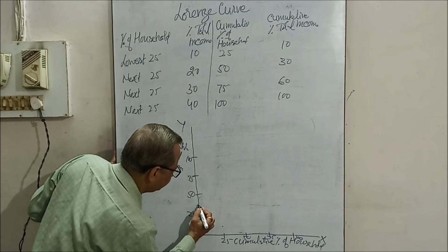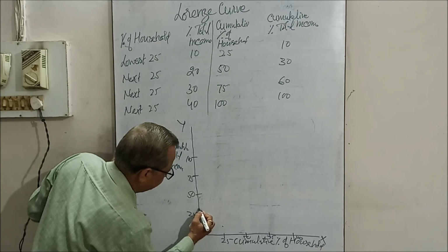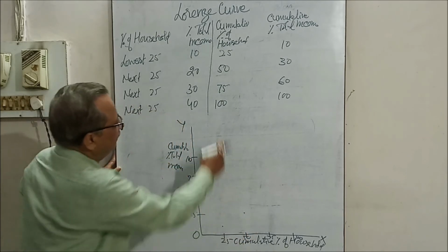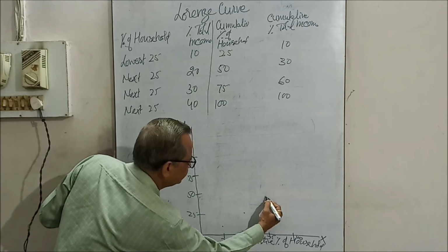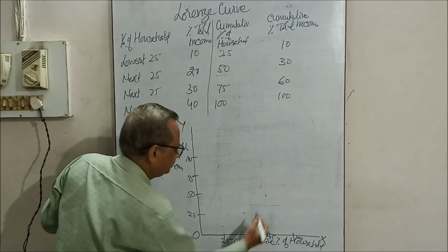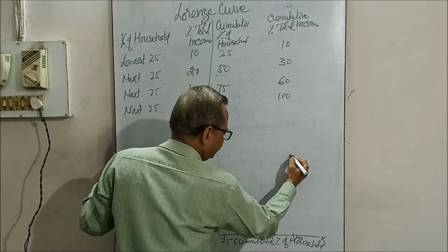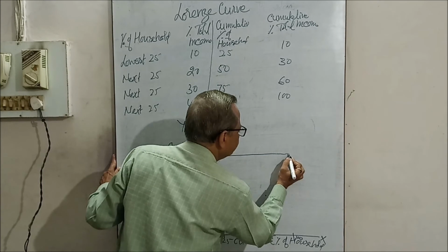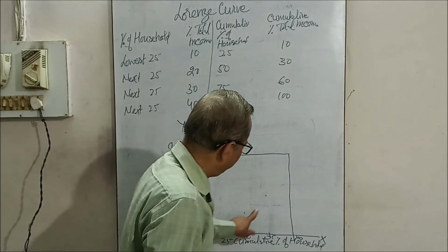Then 75, 60. Then 100, 100. Now see, A, B and C.